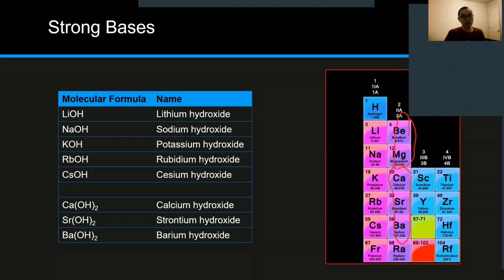You don't have to remember them by name necessarily, but once you work through enough problems, you'll see sodium hydroxide so many times that you probably won't be able to forget that it's a strong base, right? Other strong bases you might see that are not hydroxides would be hydrides, amides, alkoxides, or carbides. Honestly, don't worry about them right now. When you start reviewing organic chemistry, maybe even one of my sessions, we'll talk more about those.